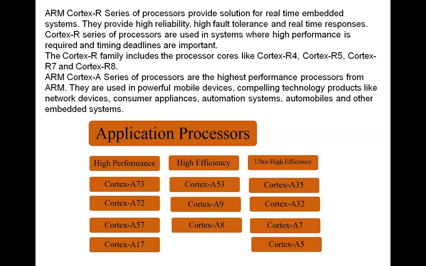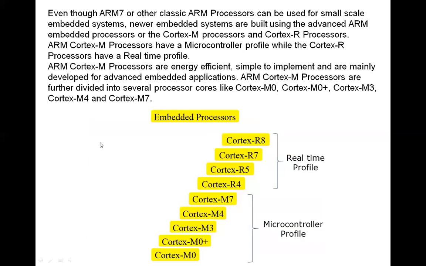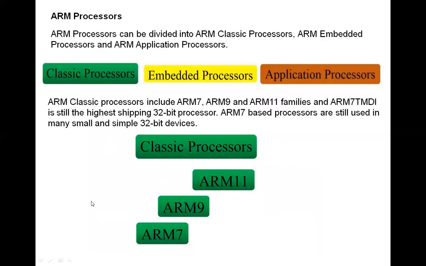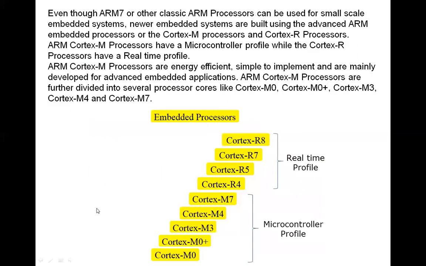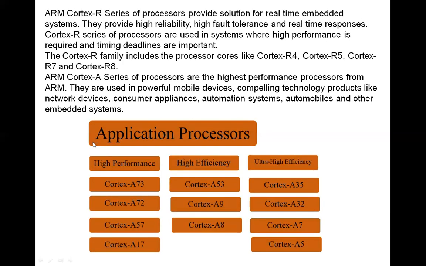The controllers or processors I showed you in the earlier slide are dependent on the applications: ARM7, ARM9, and ARM11, and similarly these Cortex ones are used for embedded. But which family comes under the application processor, and where do I use this family?